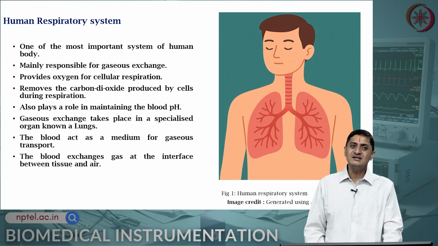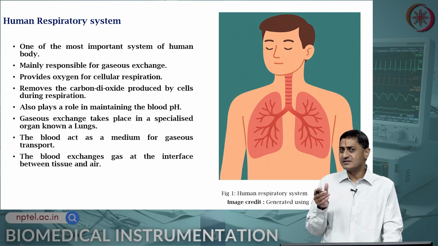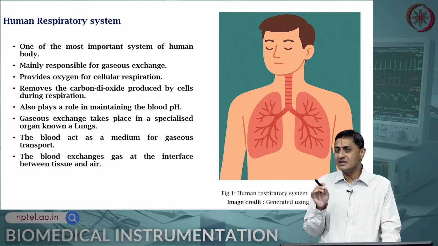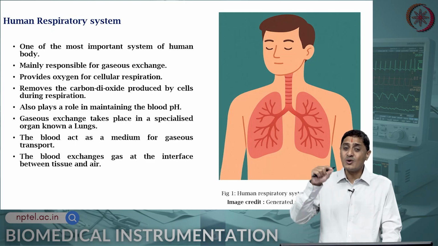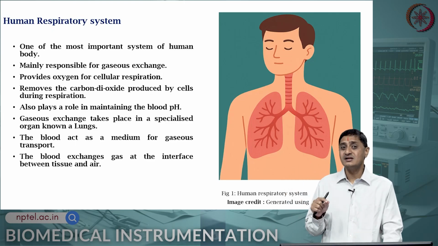It essentially provides oxygen, of course, through a very complicated gas exchange mechanism that happens at the alveoli, at the deepest level of the lungs. Exchange happens between the blood and the gas. Deoxygenated blood is converted into oxygenated blood, and this blood flows to all cells in the body, essentially providing oxygen that is required for the cells to survive.